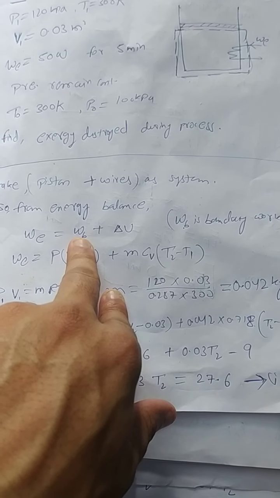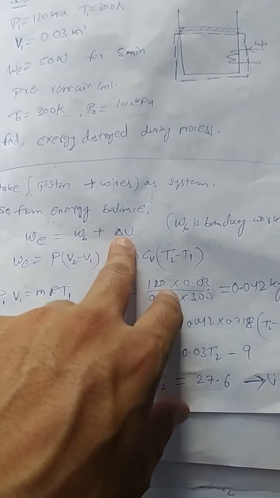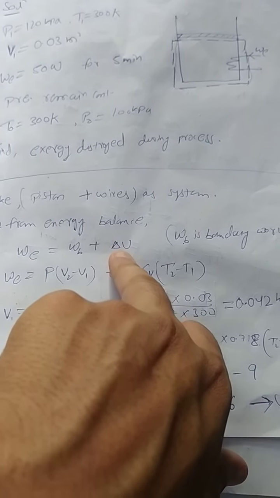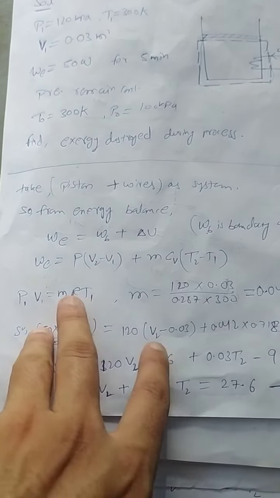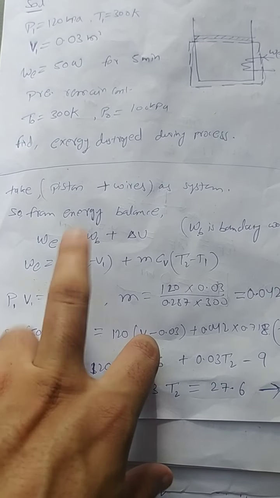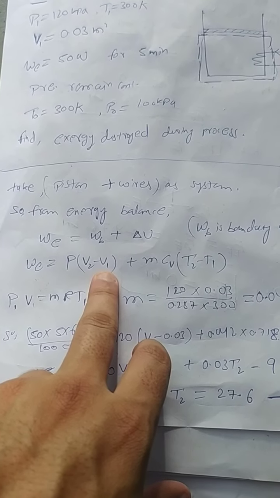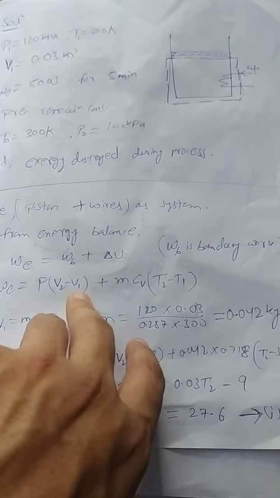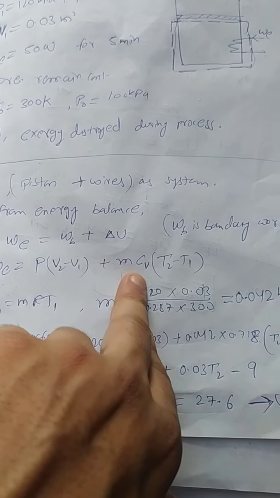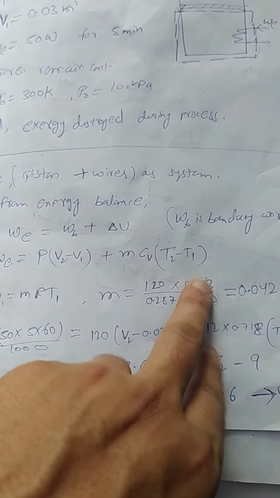PdV is P into change in volume. So delta U is change in internal energy of the system. So WE is equal to PdV, which, since pressure is constant, is just P into V2 minus V1, that is change in volume, plus mass into specific heat at constant volume Cv, T2 minus T1.